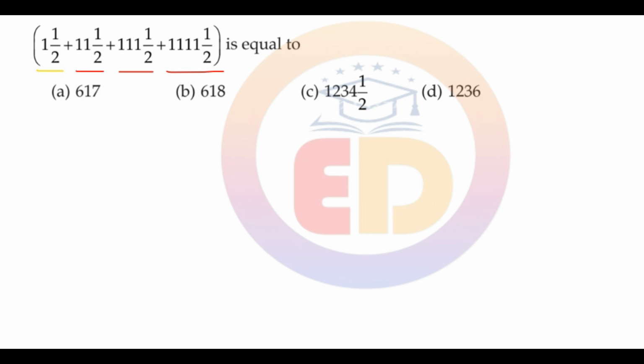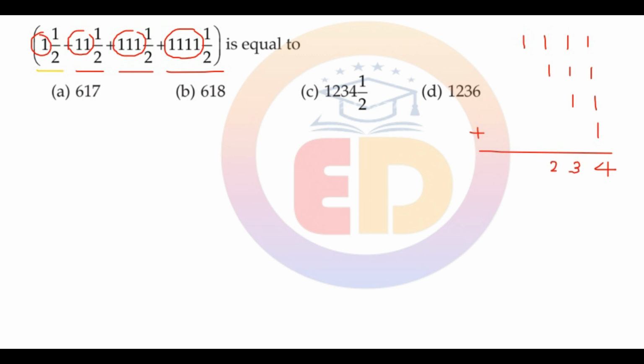In this question again, separate the whole number values, which are 1, 11, 111 and 1111, and let us add them separately. 1111, 111, 11 and 1. When we add these, this is 4, this is 3, this is 2 and this is 1. So this is the addition value of the whole numbers.